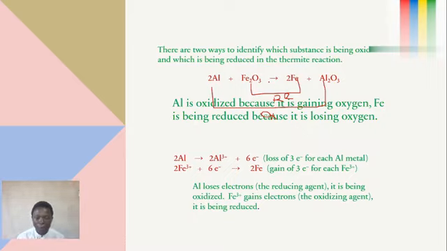For the next one, gain of electrons is reduction, so the one that is being reduced. You can see the oxidation number changed from 3 to 0, to an atom. So the oxidizing agent is the one that is being reduced, and the reducing agent is the one that is being oxidized. Clearly? And thank you for following the class once again.